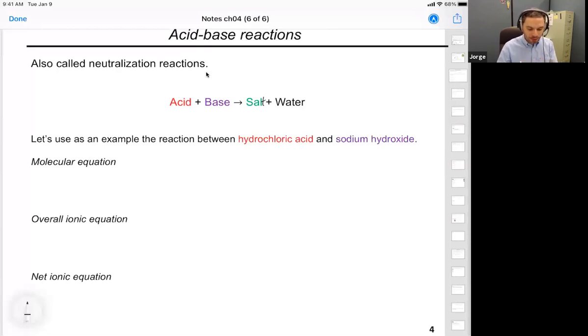Just to be clear here, these three ways represent the same thing, an acid-base reaction producing salt and water. I want to tackle first the molecular equation for acid-base reactions. So we will start with that, and then we will move on to overall ionic equation, and then a net ionic equation.